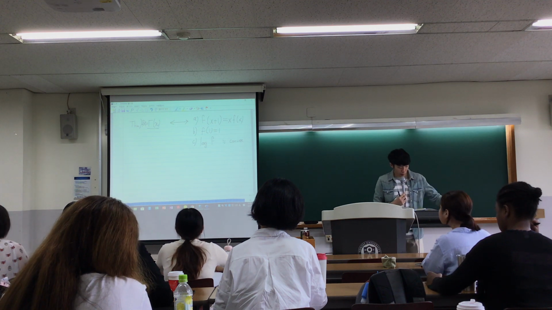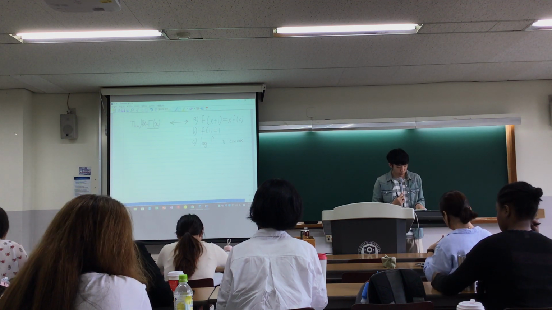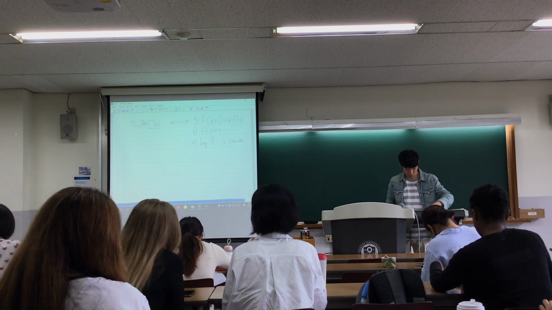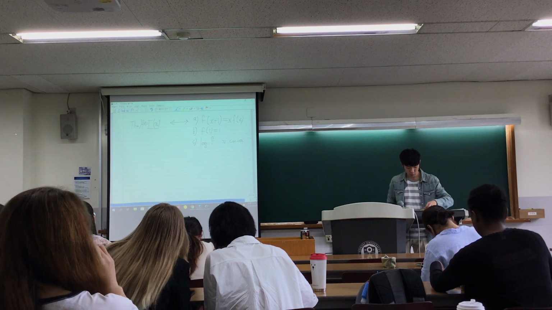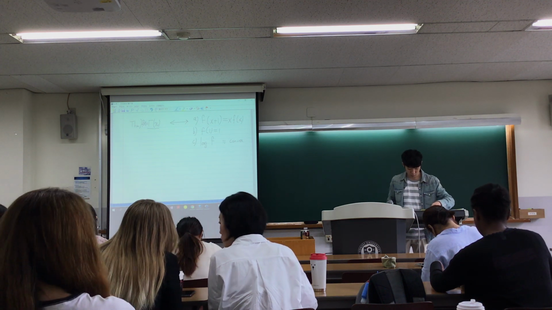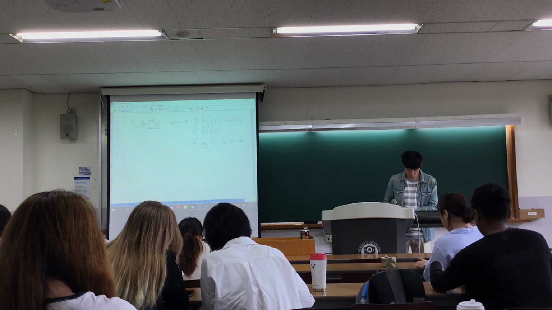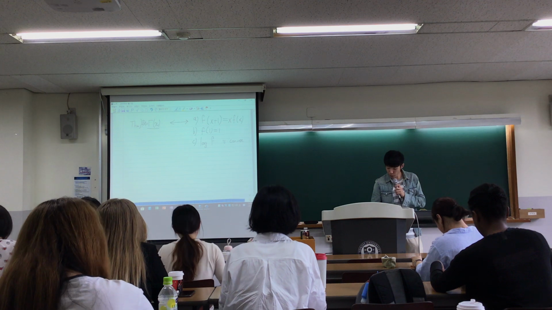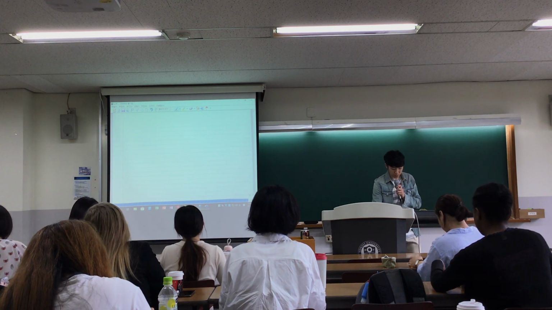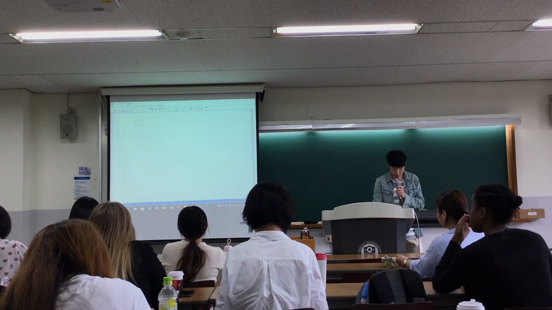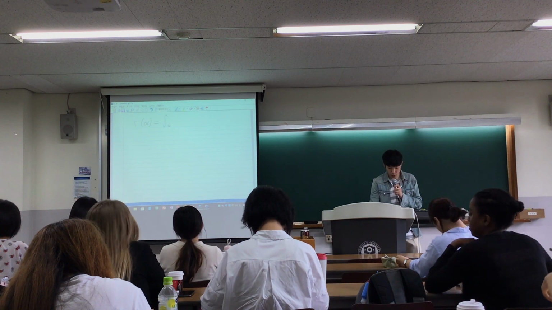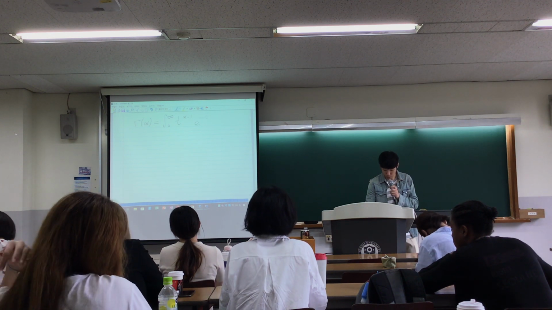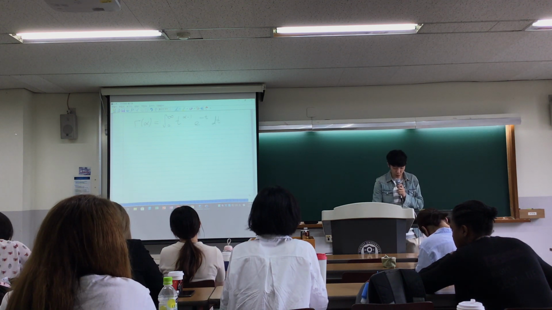Okay, and now let's talk about the gamma distribution. So the gamma distribution is as follows. I'm just going to write gamma function on top. Don't confuse this with the distribution, because the distribution just follows.